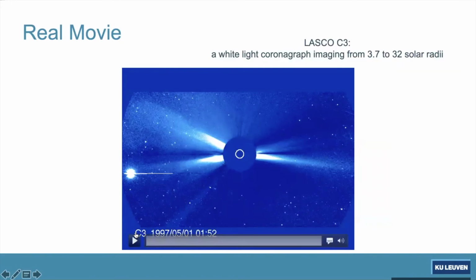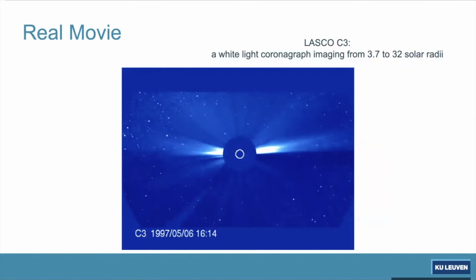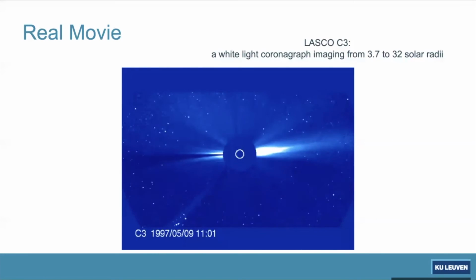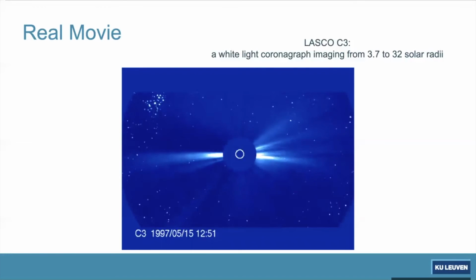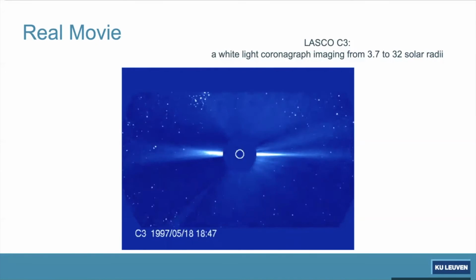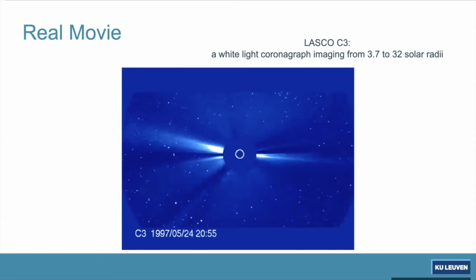So here I'm going to show real images instead of cartoons. These are coronal mass ejections that were measured in 1997 by the LASCO C3, which is a device mounted on SOHO. SOHO is a European spacecraft. It has what is called a coronagraph.